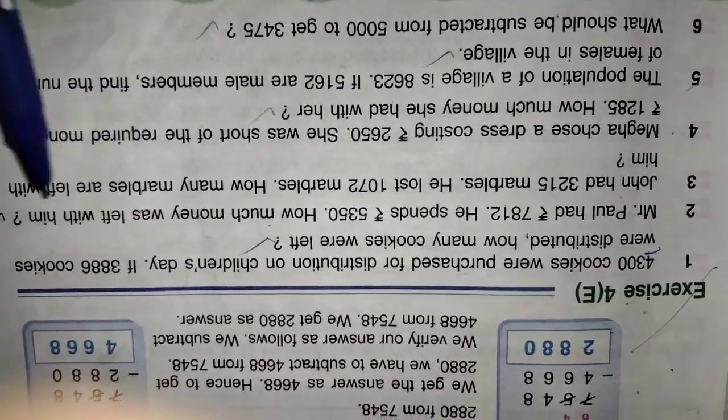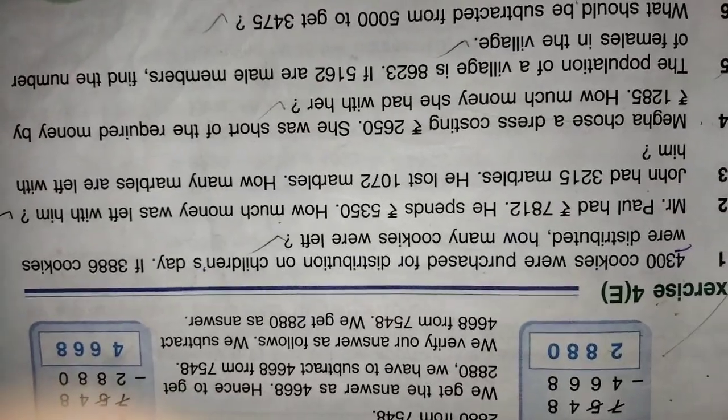Mr. Paul had rupees 7,812. He spent rupees 5,350. How much money was left with him? Now Mr. Paul had a total of rupees 7,812. In that he spent 5,350 on something.